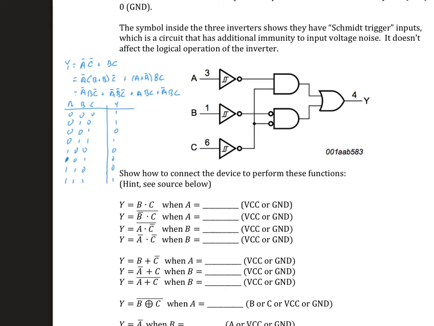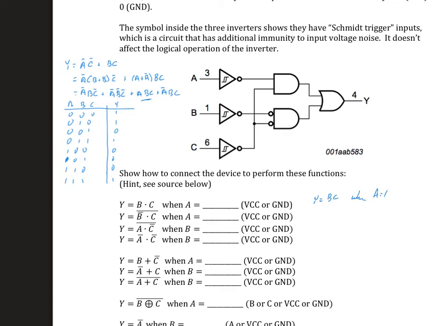If we wanted to just have A or B or C, what would we make Y? And you notice that from this expression up here, if A is equal to 1, then Y is just equal to BC, because A bar is going to be 0.